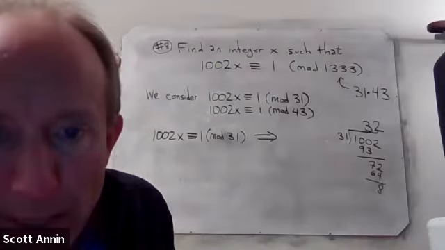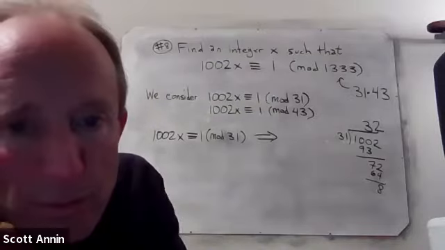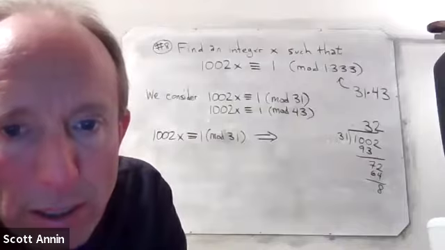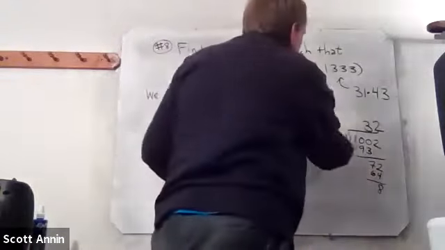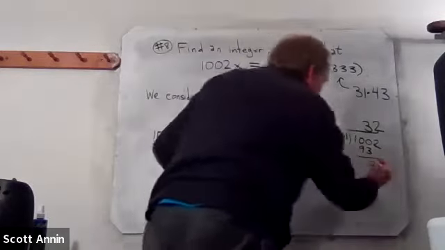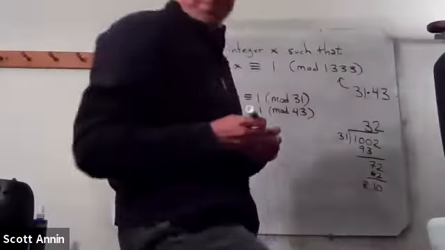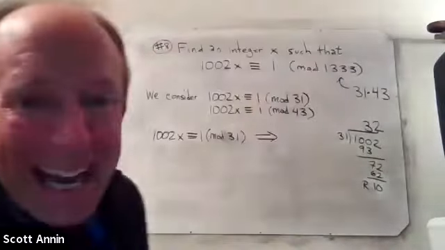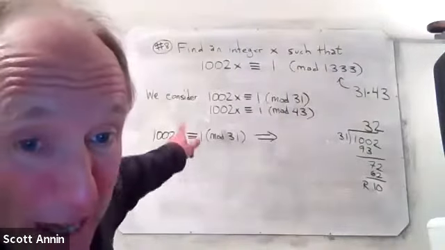Let's see, is that right? 72. Oh, no, that's not right. I knew something was wrong. 31 times 2 is 62. Okay, sorry. So we get a remainder of 10, which is actually what Brianna has in the chat, right?